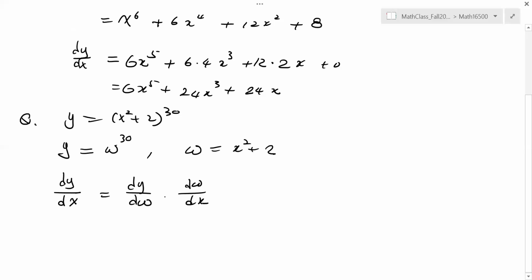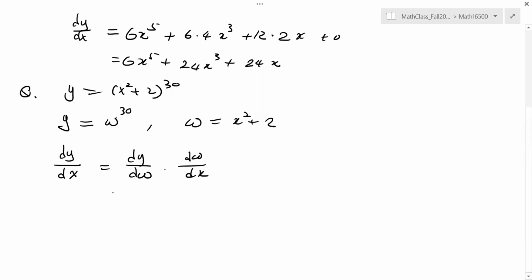You can introduce more variables in the middle between y and x if the dependency of y on x is getting more and more complicated. So you probably have to introduce more variables: manager, general manager, middle manager. So you see, this is called the chain rule, right?